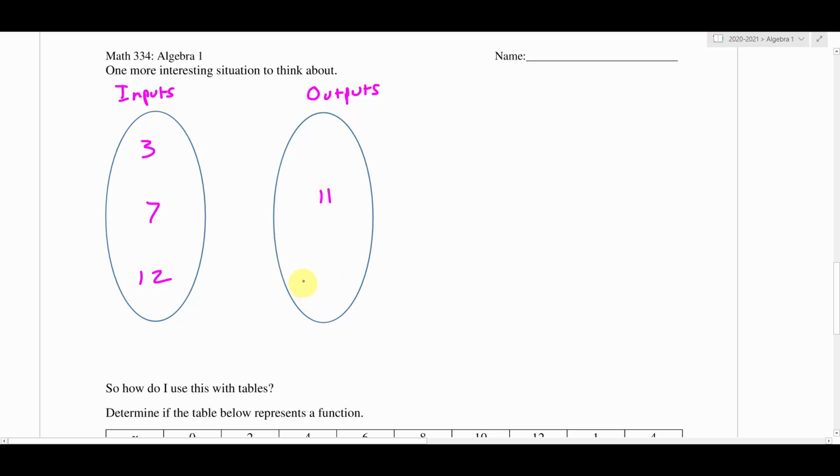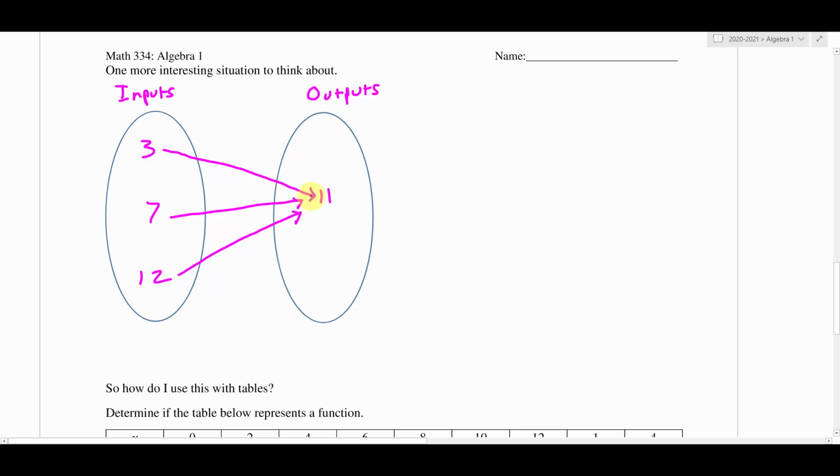What that would mean is that I put 3 into the function, and I get an 11 out. Then I put 7 into the function, and I get an 11 out. And I put 12 into the function, and I get 11 out. So no matter what number I put into the function, I'm always going to get out an 11.